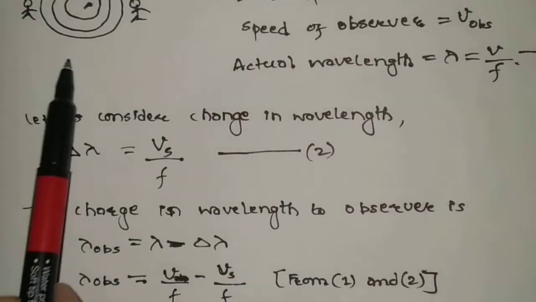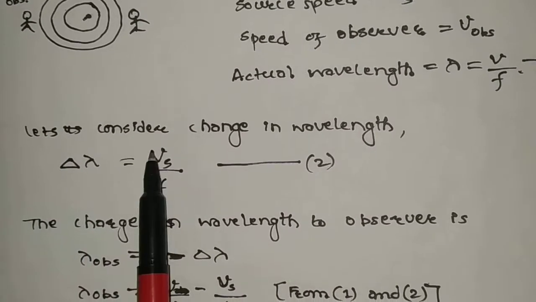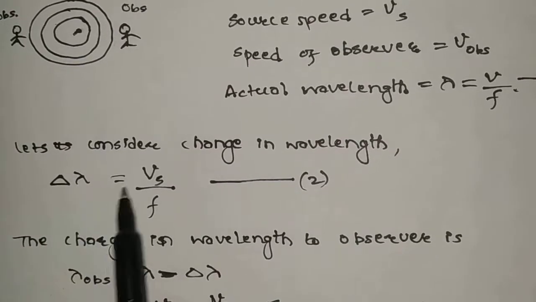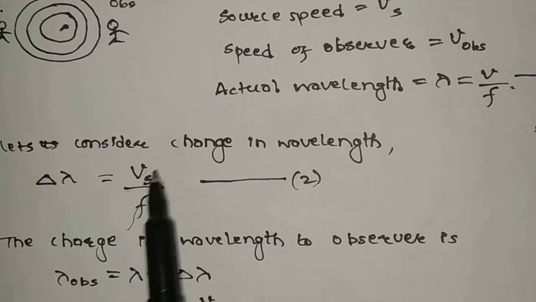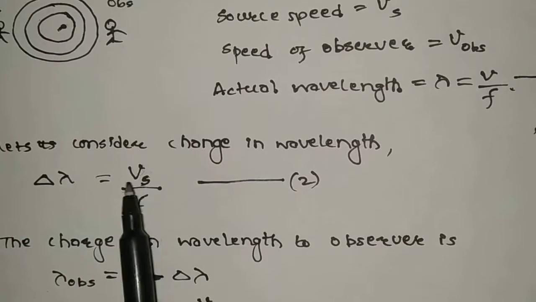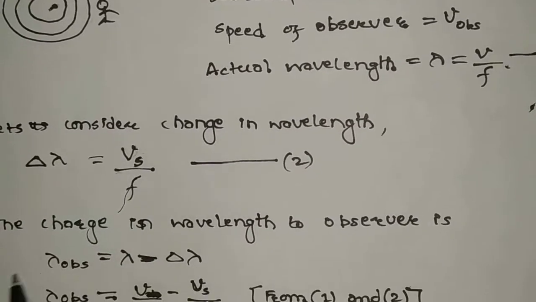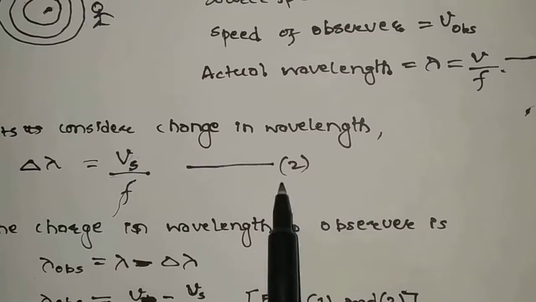Since the source is moving, there will be a change in wavelength. So let us consider the change in wavelength, del lambda, which will be equal to Vs divided by F, where Vs is the source speed and F is the actual frequency. Let this be equation number 2.